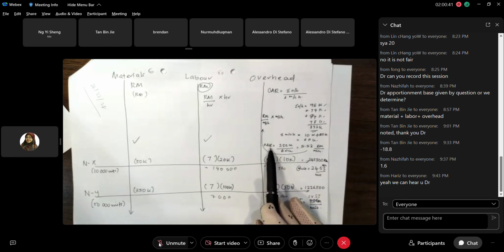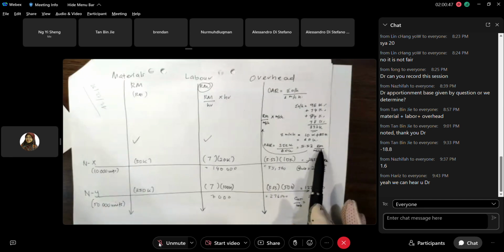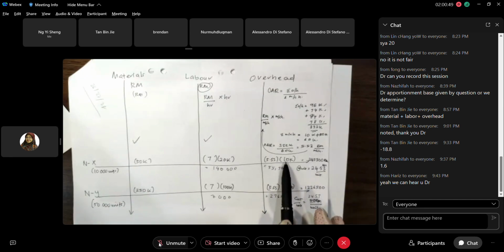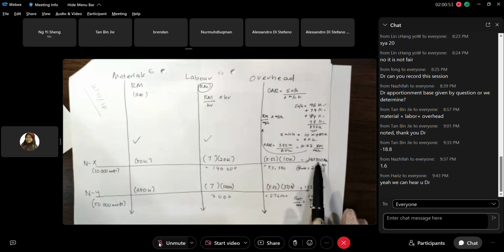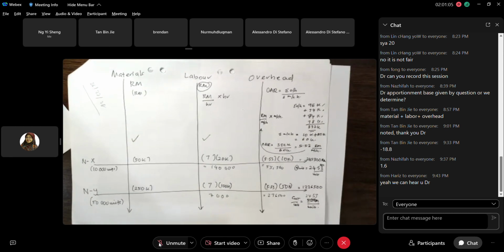So you will get OAR is 5.53. Times RM per machine hour, times machine hour 10,000, and then you total, you get the cost per unit is 24.53.